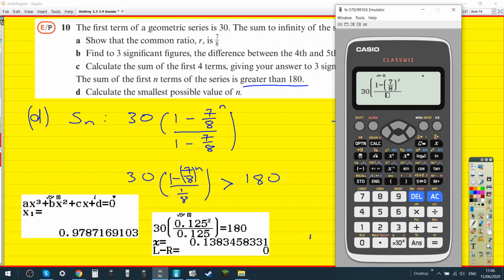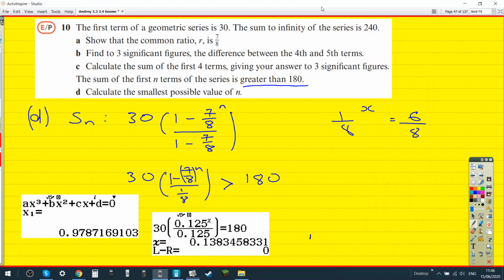I'm a bit confused as to what's going on. Oh, sorry. So just put it into your calculator again, except just leave it as 1 minus 7 over 8. Okay. Yeah, my mistake, sorry. Can't simplify it. I'll just check. Shift solve. Okay, we get this number. So this is more like what I thought we'd get.